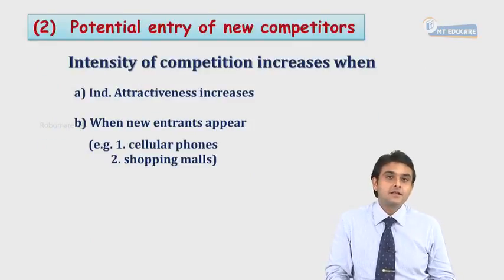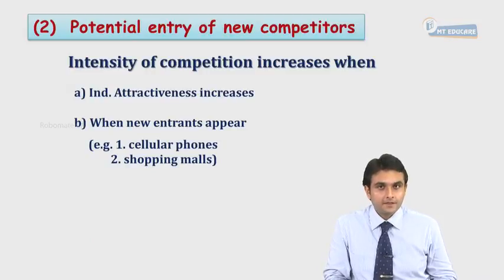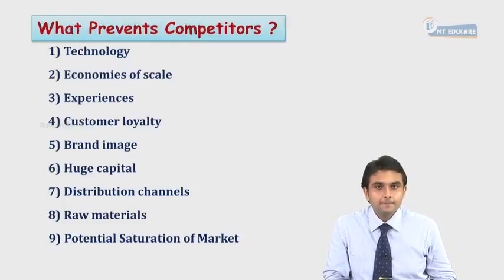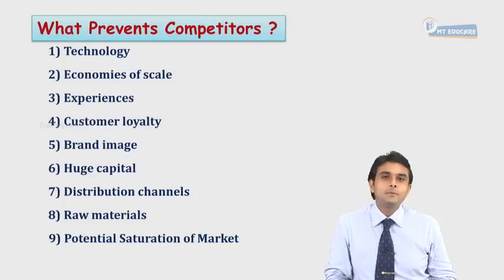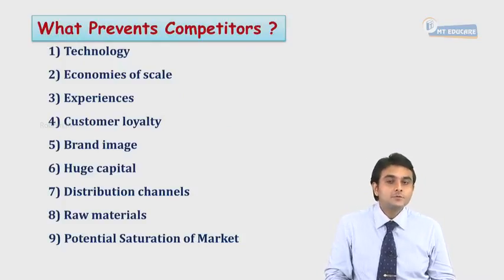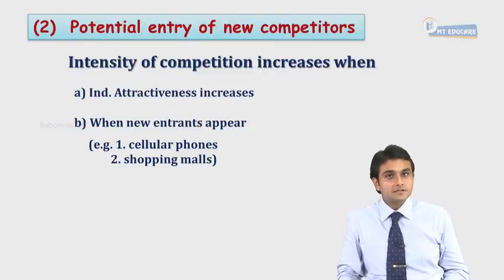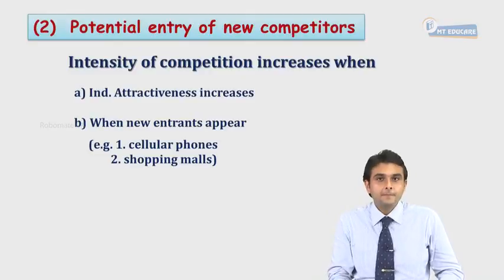The second factor that has an influence on my competition is the potential entry of new competitors. Now with this, there will be a few businesses which will be prevented, or a few businesses which will be attracted. The potential entry of new competitors certainly poses a threat to my business.